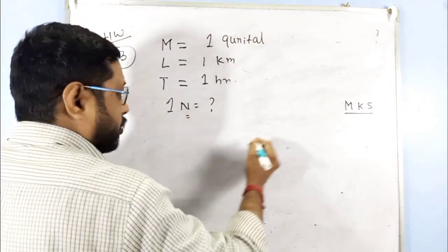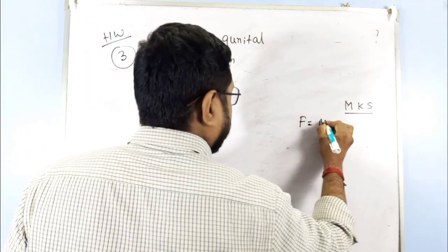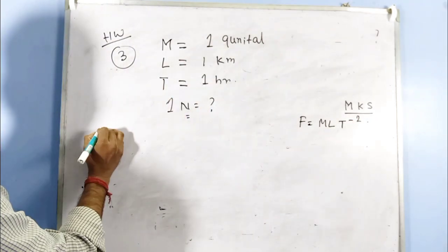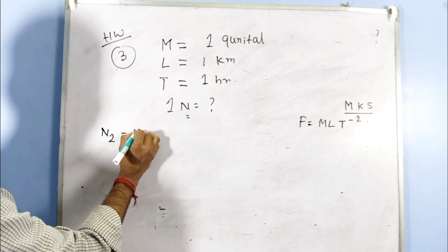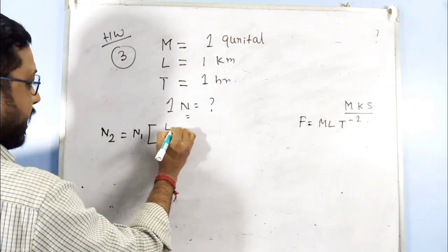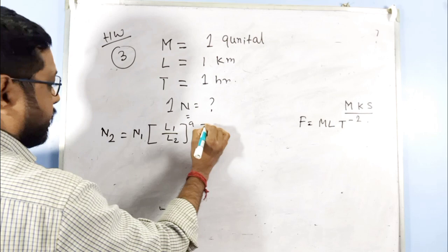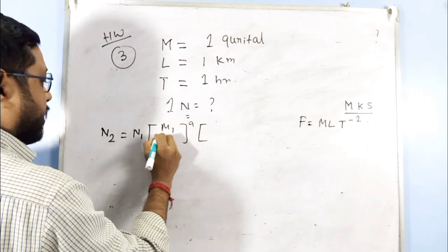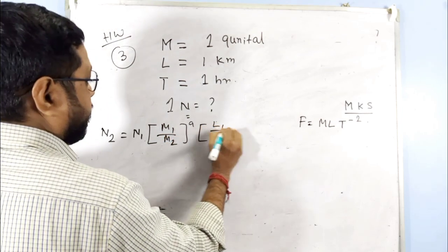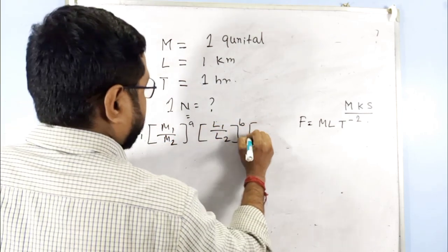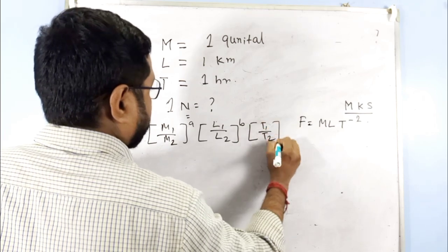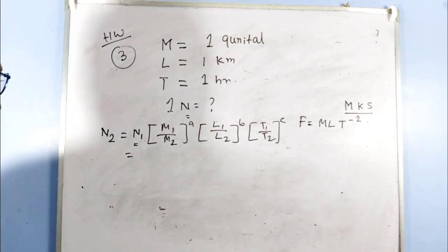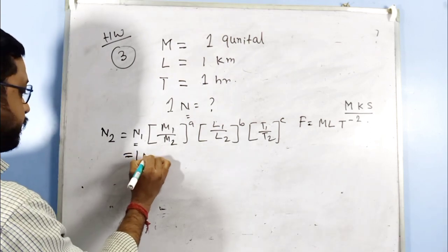Newton is the force, so the dimension of force we can write as MLT⁻². We know that n2 is equal to n1 times (M1 by M2) to the power a, (L1 by L2) to the power b, and (T1 by T2) to the power c. So n1 is 1 Newton.